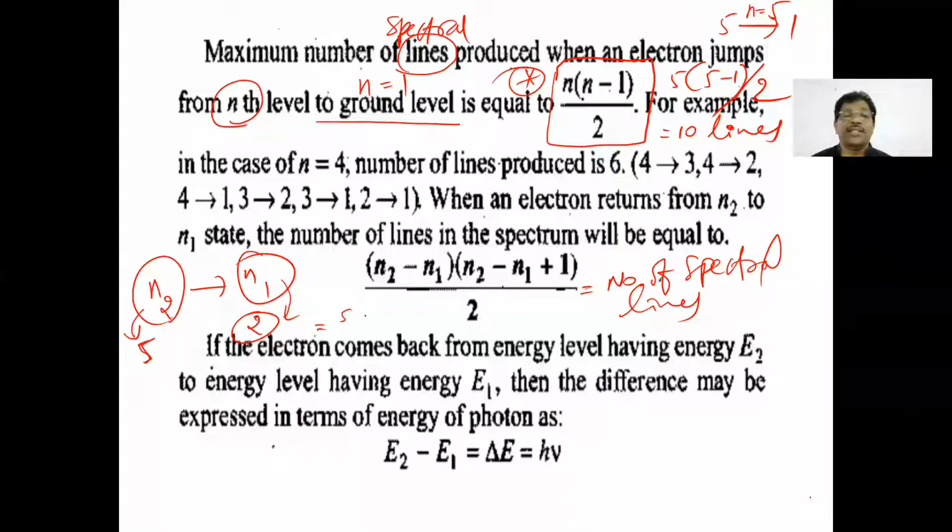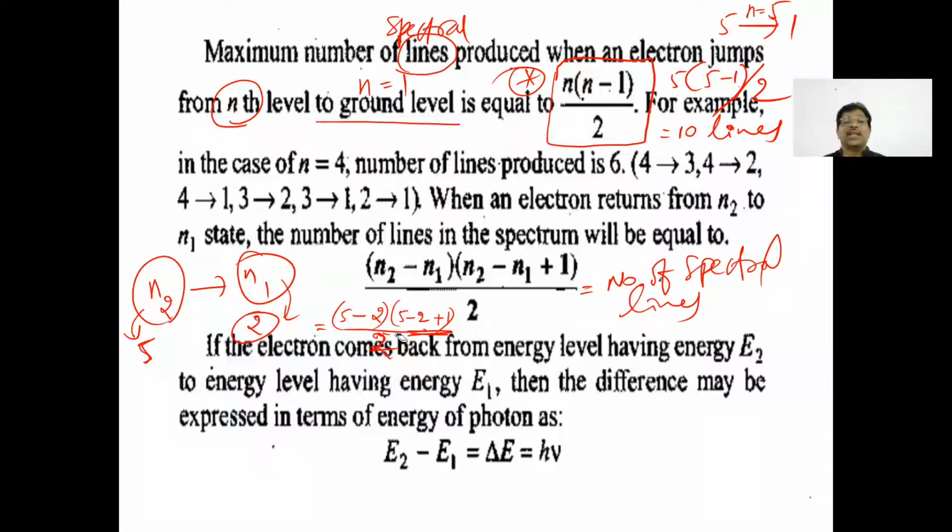So (5 minus 2) into (5 minus 2 plus 1) divided by 2. 5 minus 2 is 3, 3 plus 1 is 4, 4 into 3 by 2.